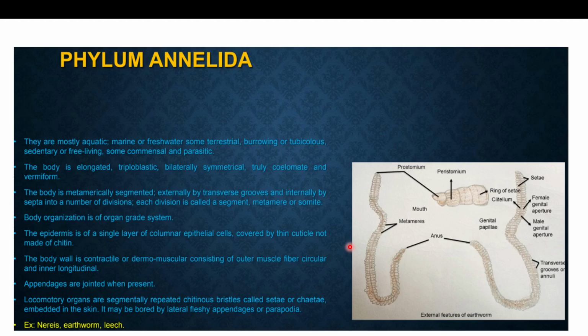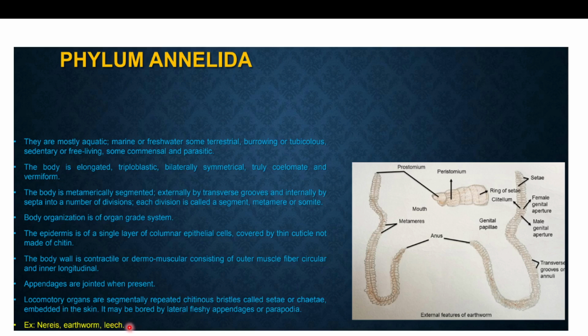And body organization is of organ grade, and the body wall is contractile or dermomuscular, consisting of outer circular and inner longitudinal muscle fibers. Appendages are jointed if present, and locomotory organs are segmentally repeated chitinous bristles called setae or chaetae embedded in the skin.